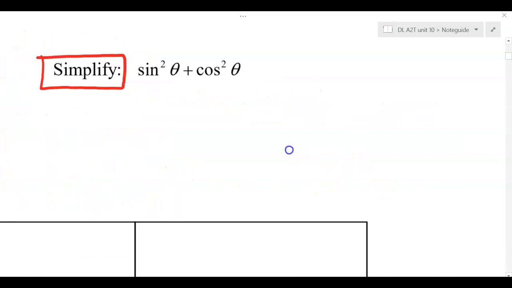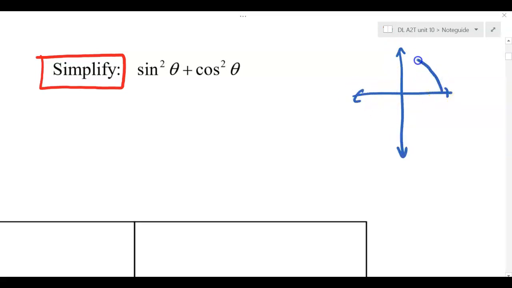Here is something that we're not used to seeing, something like sine squared plus cosine squared, and our original reaction to this would probably be that it's already simplified, but we're going to start to think about this from a little bit of a different perspective. We know on the unit circle that we can use that in relationship to these trig functions, just like any circle.